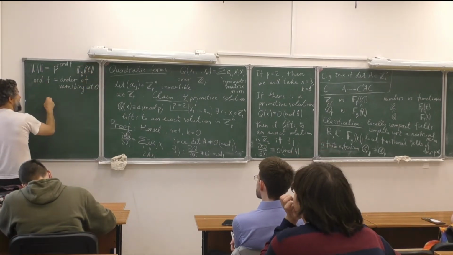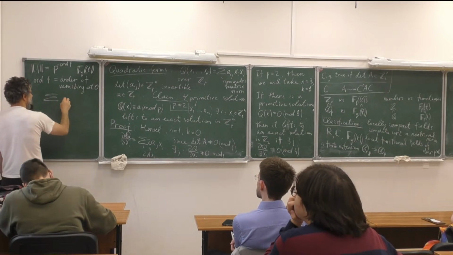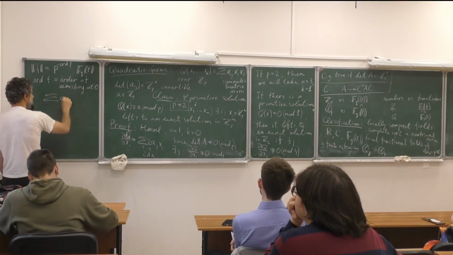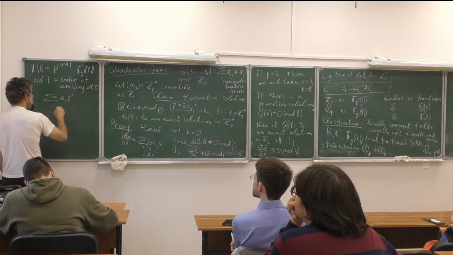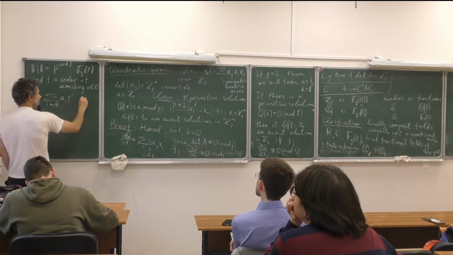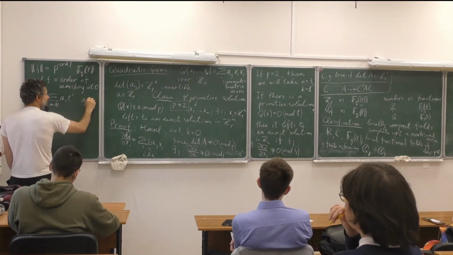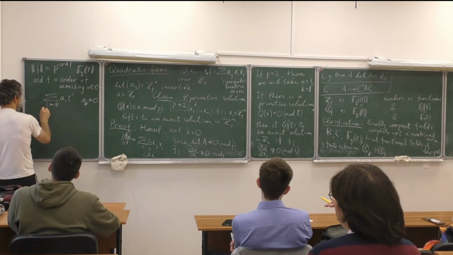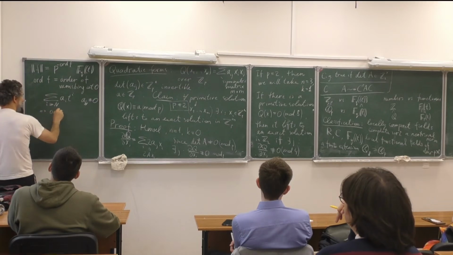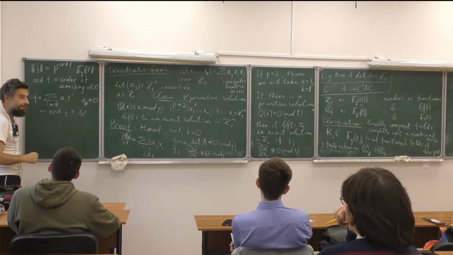If your series is the sum of a_i t to the power i, where i is bigger or equal to a certain n, and a_n is not 0, then the order of f is this n.